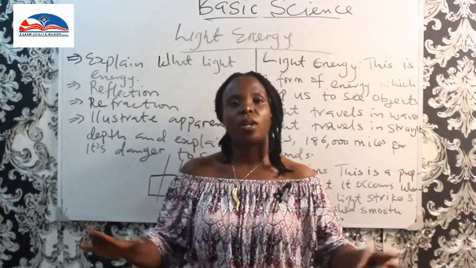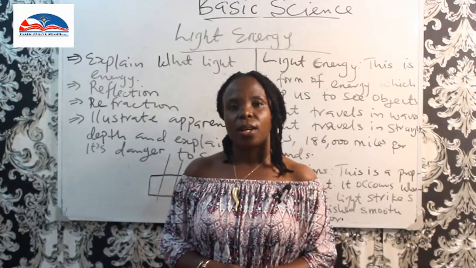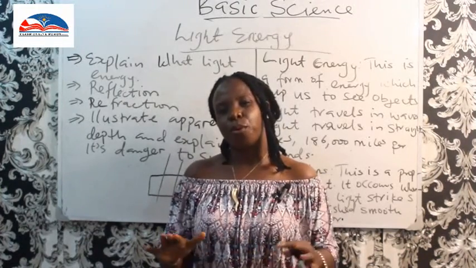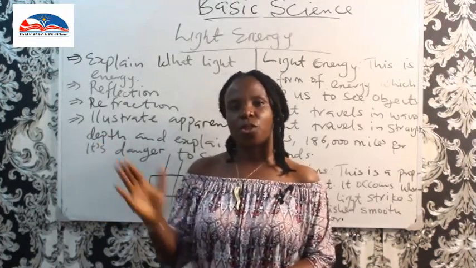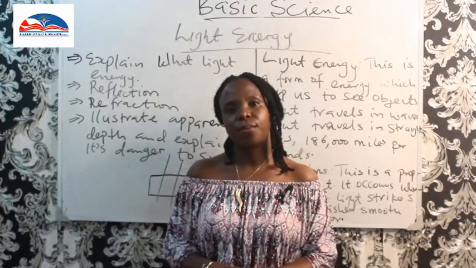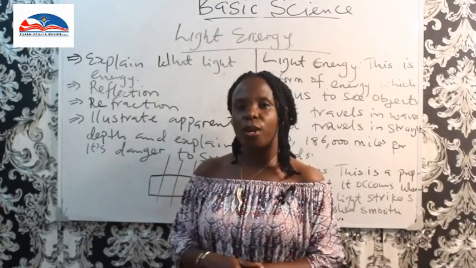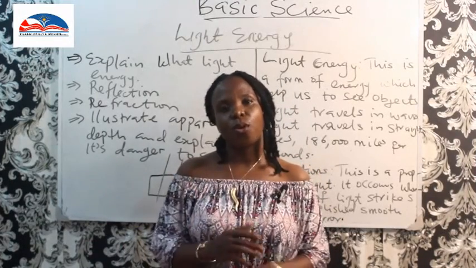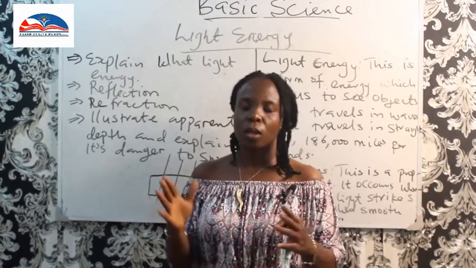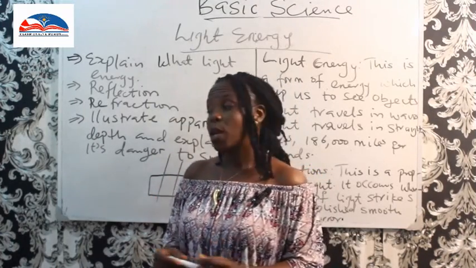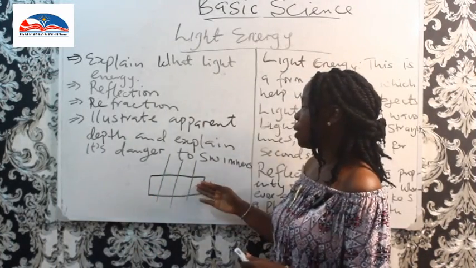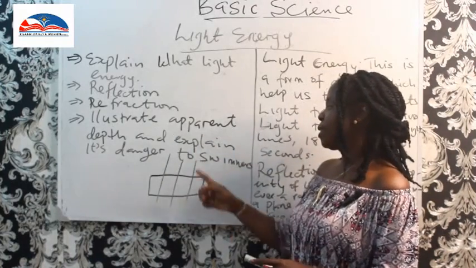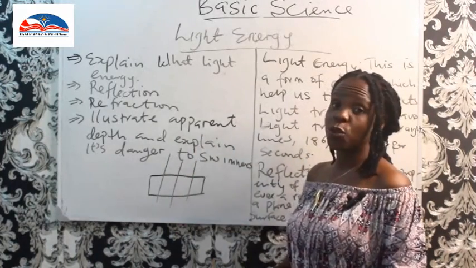What about a polished surface? A polished plyboard. If a ray of light strikes on it, it's going to be reflective. What about the glass windows and glass doors that we see? If the ray of light strikes on it, it's going to reflect. For example, this is an object. This straight line signifies a ray of light.